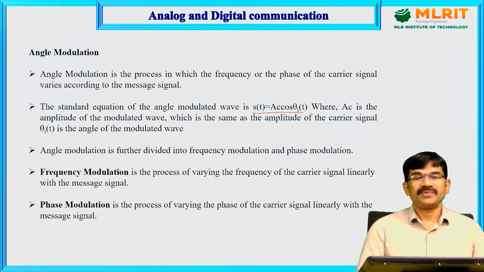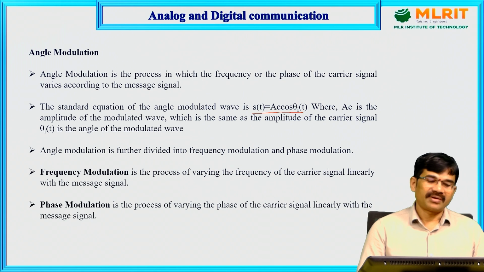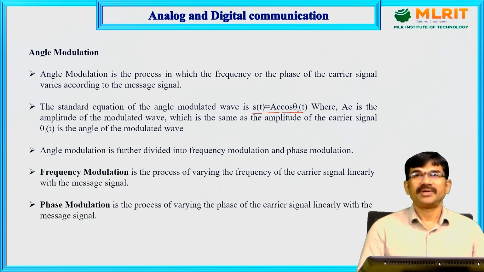What do you mean by frequency modulation? Frequency modulation is the process of varying the frequency of the carrier signal linearly with the message signal. Whatever modulation technique we take, the carrier characteristics change according to the message signal.